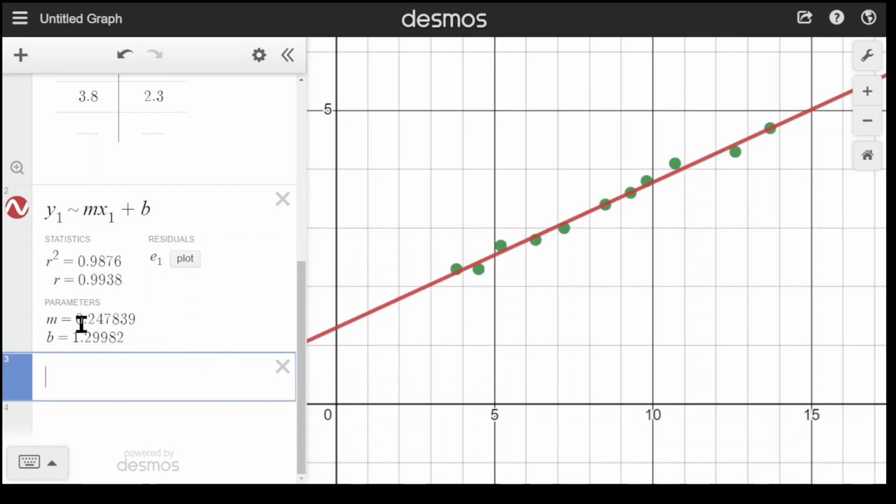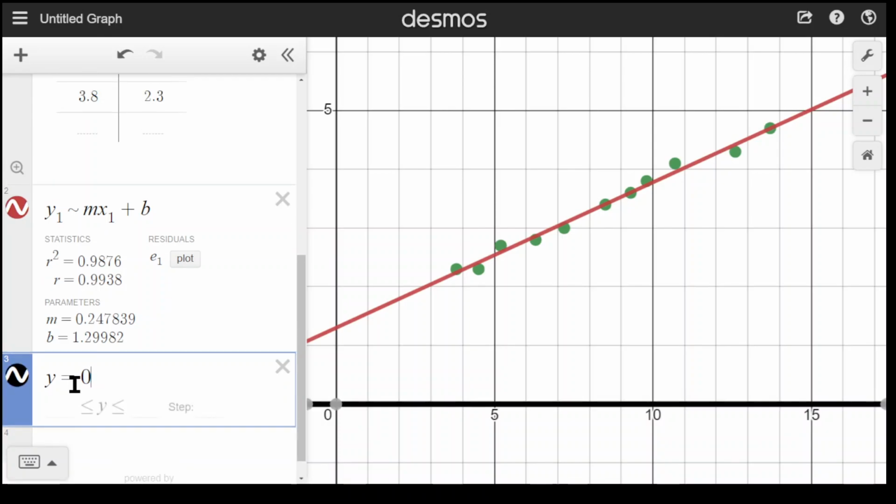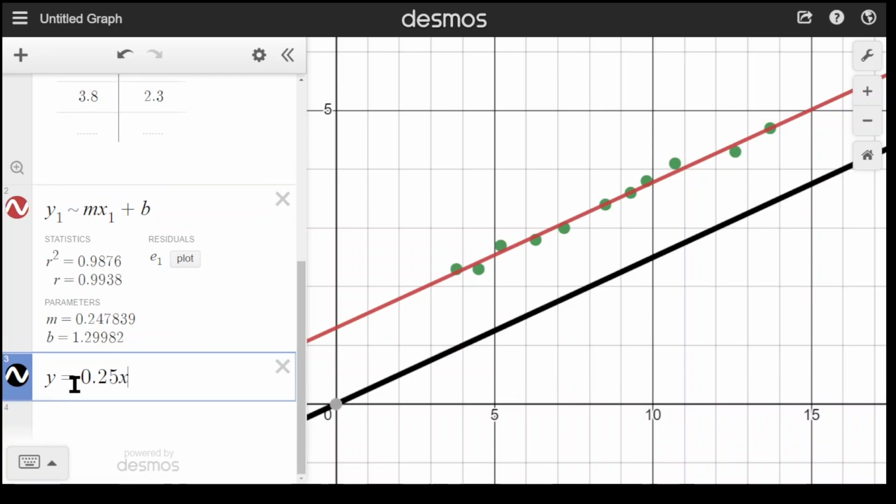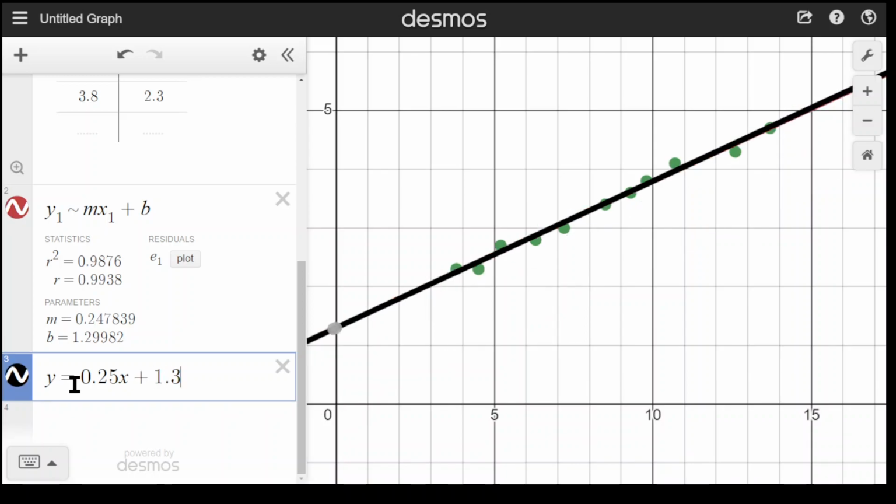Y equals 0.25x plus 1.3 if I wanted to round. Actually, I'd do 1.30. So if I was going to round to the nearest hundredths, I would say y is equal to 0.25 times x, and then plus 1.30.